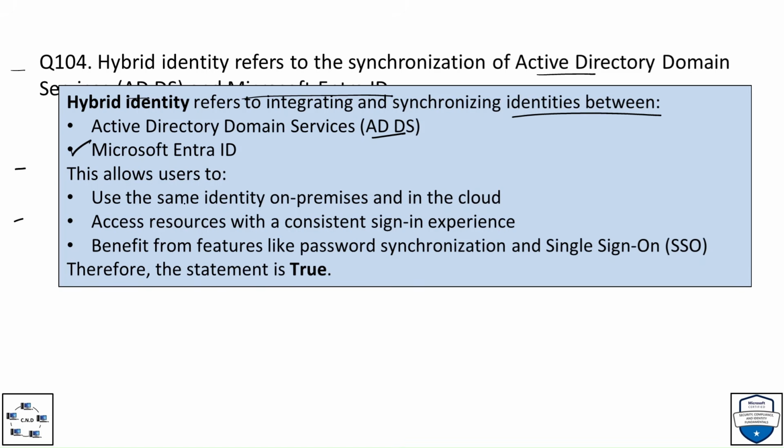This allows users to use the same identity on premises and in the cloud, access resources with a consistent sign-in experience, and benefit from features like password synchronization and single sign-on, that is SSO. So the statement is true.